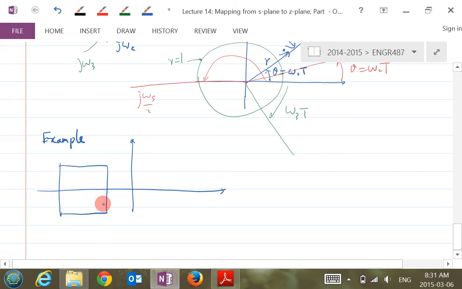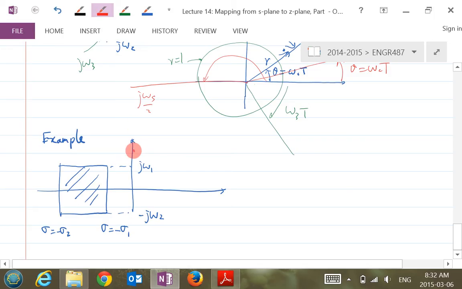This is basically one of the kinds of assignments you will see. So if you have a region over here, and this is sigma equal to negative sigma 1, sigma equal to negative sigma 2, and this is j omega 1, and this is negative j omega 2, assuming omega 1 and omega 2 are positive numbers, so we're using the negative here. So how will this region be mapped into the z plane?